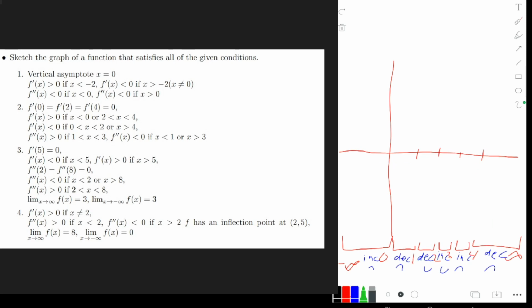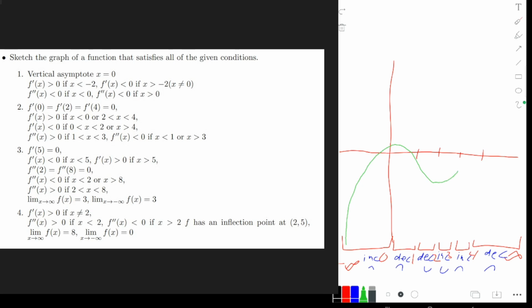So increasing and concave down looks like this. Then suddenly decreasing, still concave down until we get to 1, in which case it's decreasing and concave up. And then when we hit 2, it starts to increase.